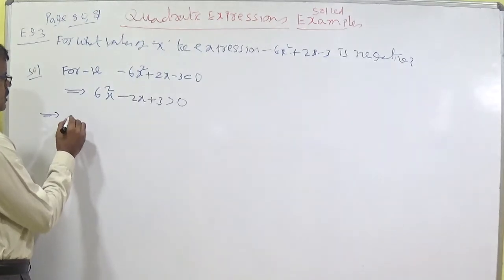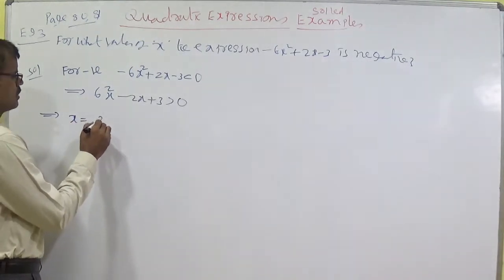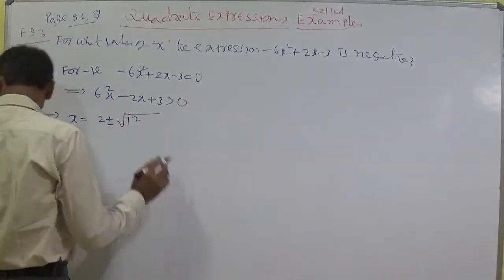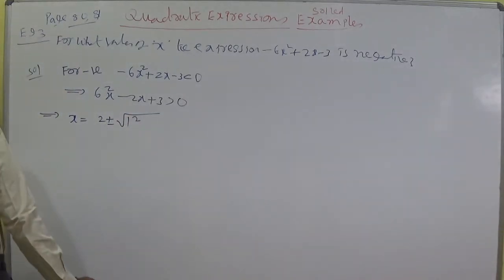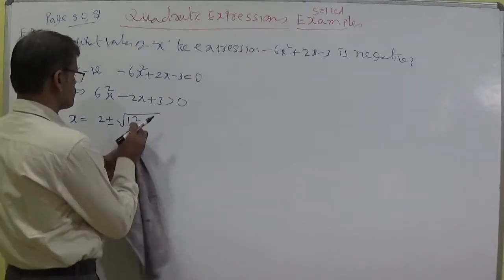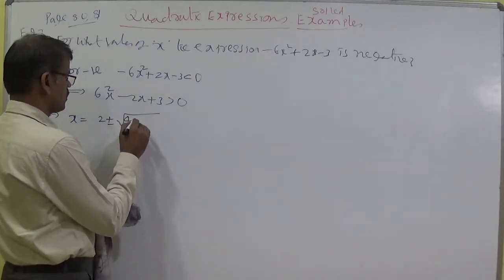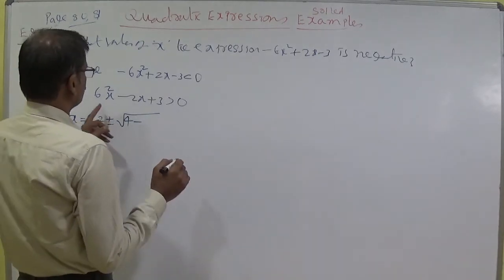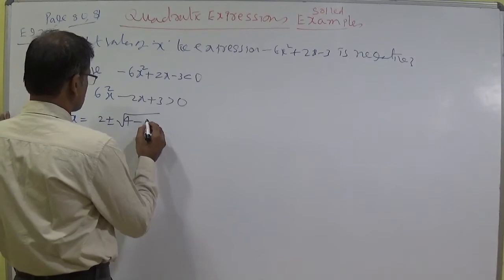So it is better to use minus b plus or minus root b square minus 4ac by 2a.